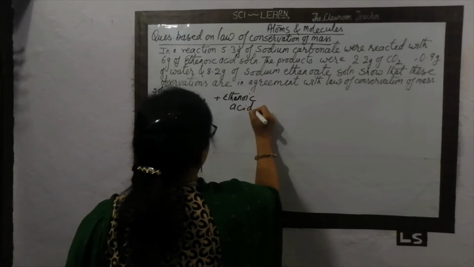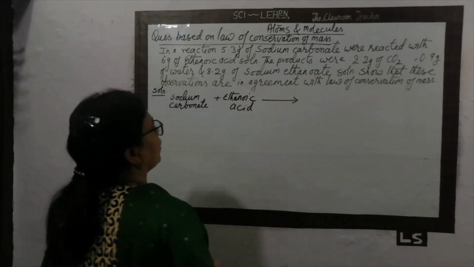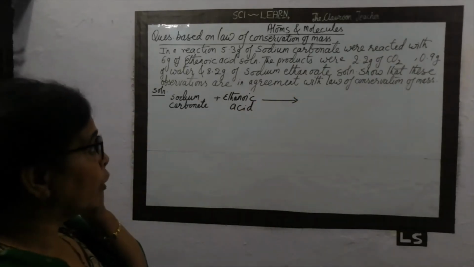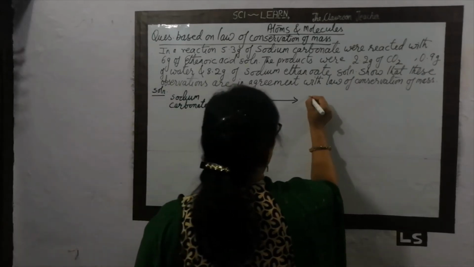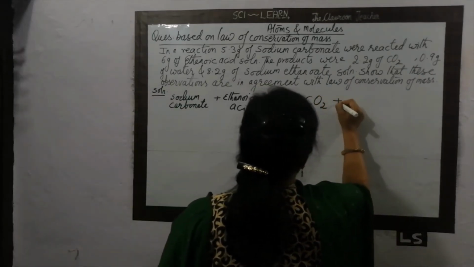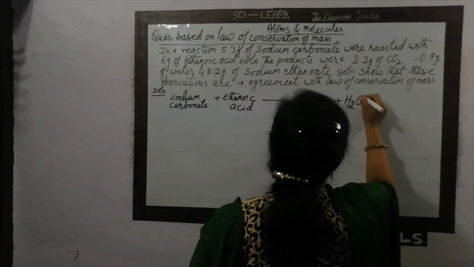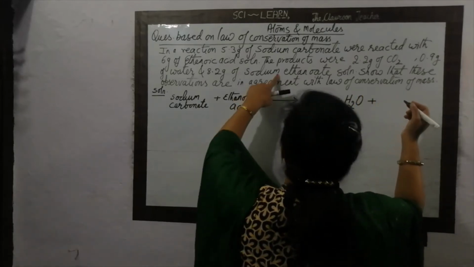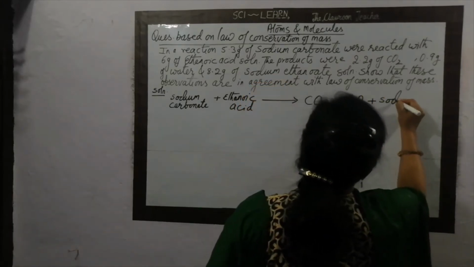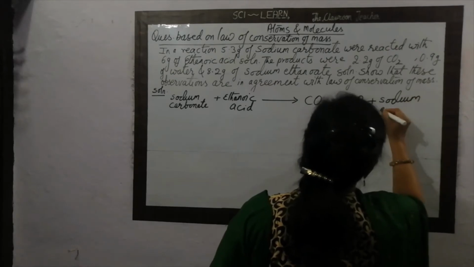And what happened in the reaction? We put one arrow for the products. What products do we get? We get carbon dioxide, we get water, and we get sodium ethanoate.